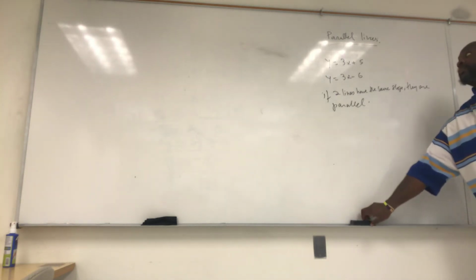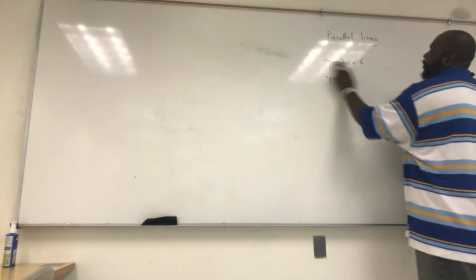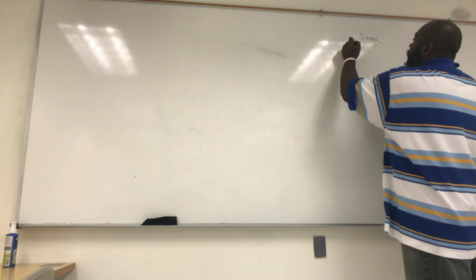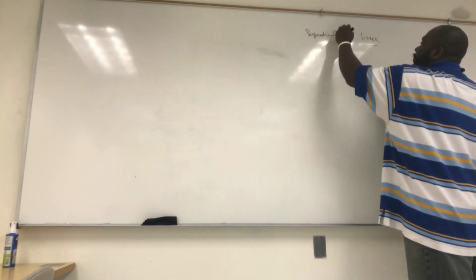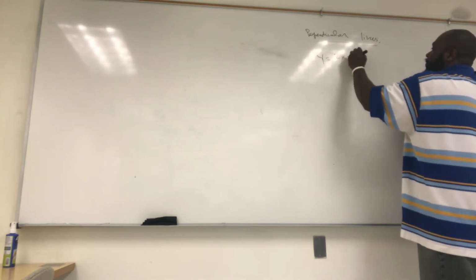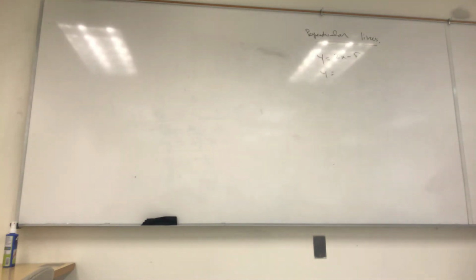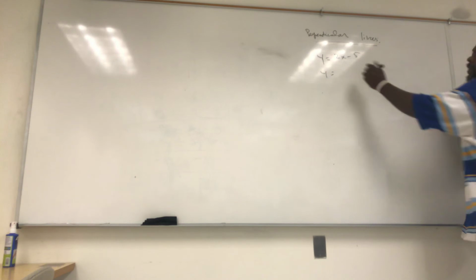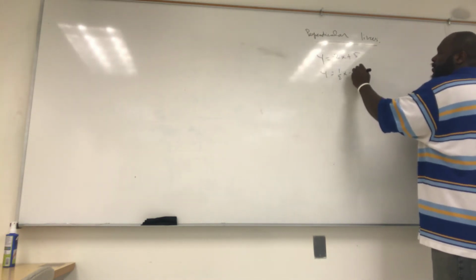Let me know when you're done. Done? Good. Now perpendicular lines, that's a little different. Perpendicular line. So we have y equals 2x minus 5, and then, actually, the other one was negative 2x plus 5, and 1/2 x minus 3.